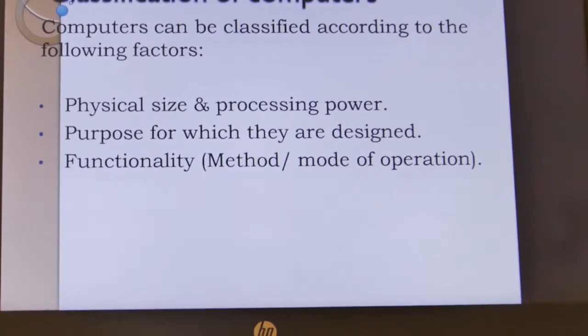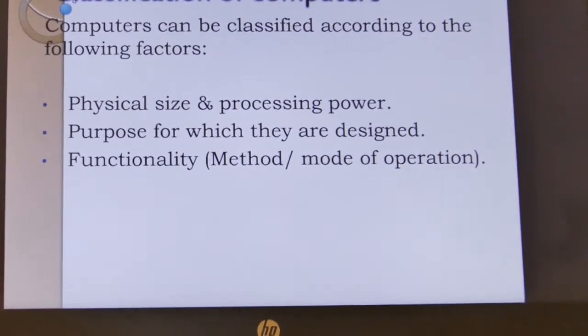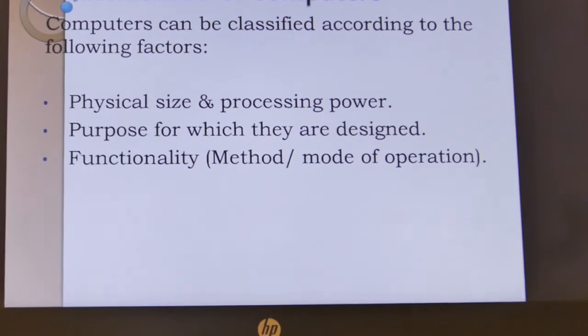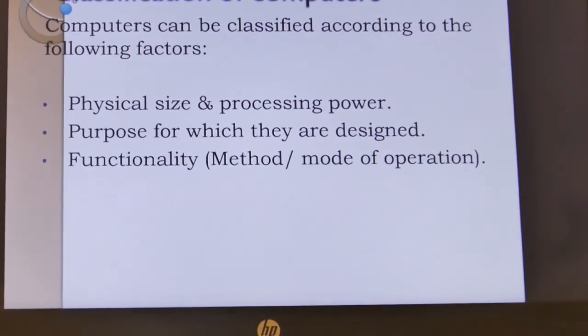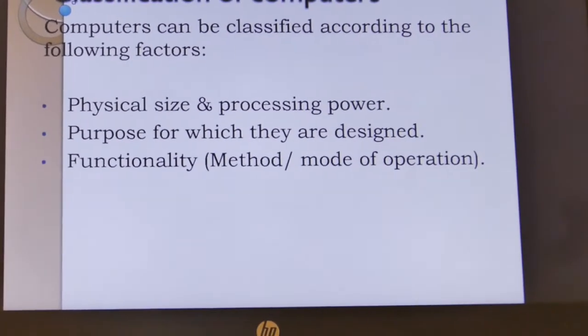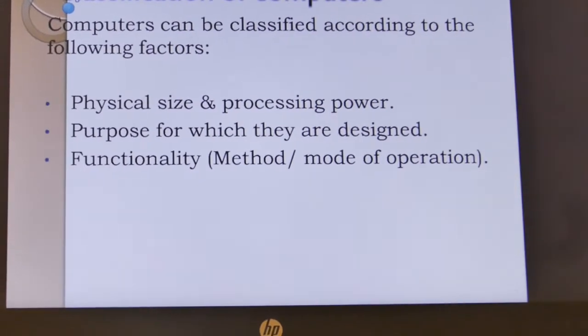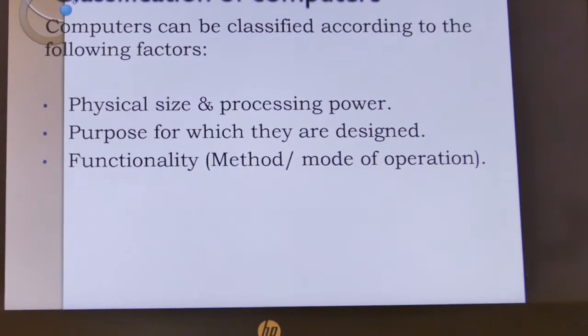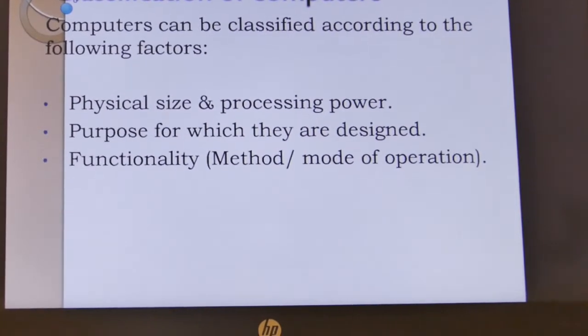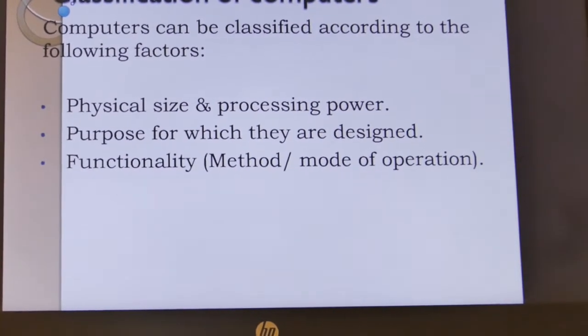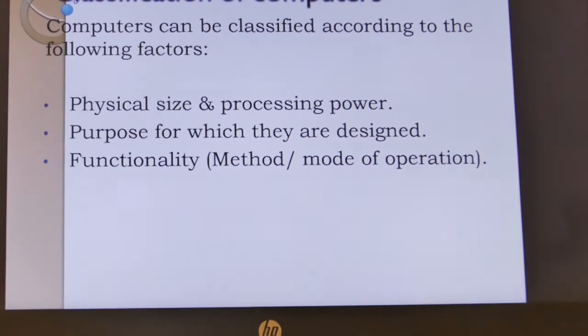Now we can look at classification of computers. They are classified according to the following factors. 1, you consider the physical size. 2, you consider the purpose for which they are designed. Then the last one is functionality.